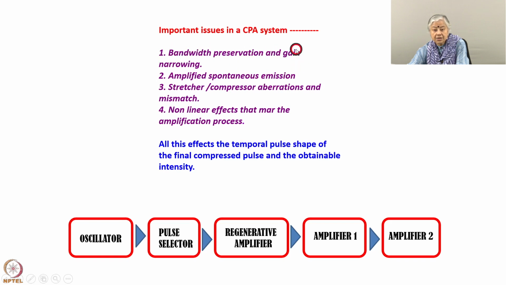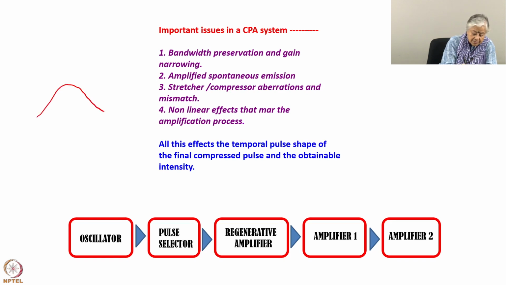And gain narrowing. I'll just explain a little bit what I mean by gain narrowing. Suppose my gain medium has a gain of this kind. This is the frequency, and this side is the amplitude or intensity, you might call it.